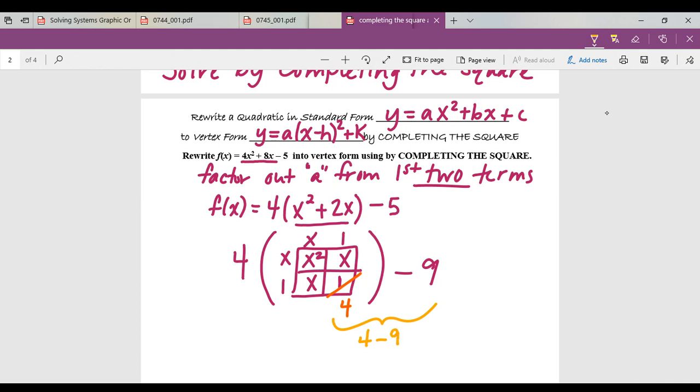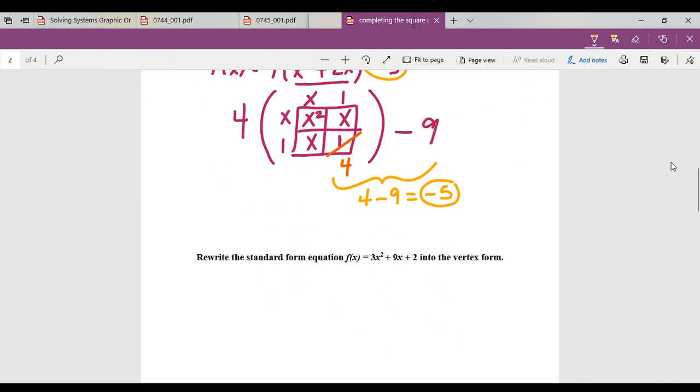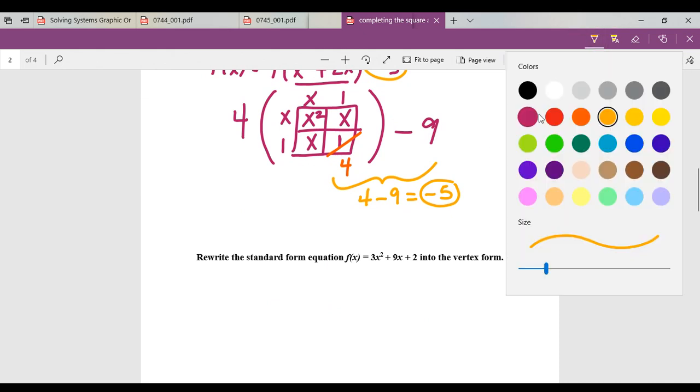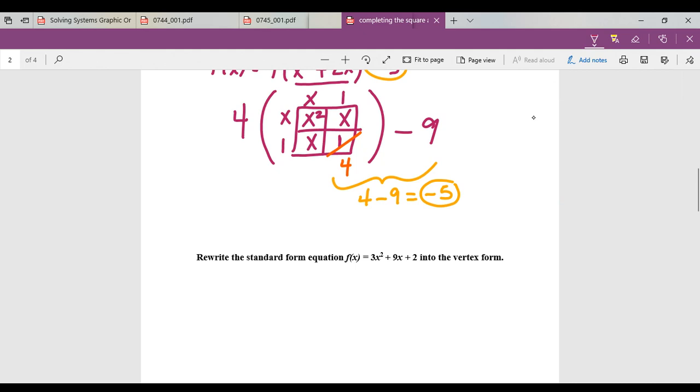So 4 minus 9 equals your -5. Okay, so -5 here, -5 here. And then basically what we've done is we've created a nice pictorial model of how to complete the square there. So we just need to write it not in picture form, but in algebraic form.